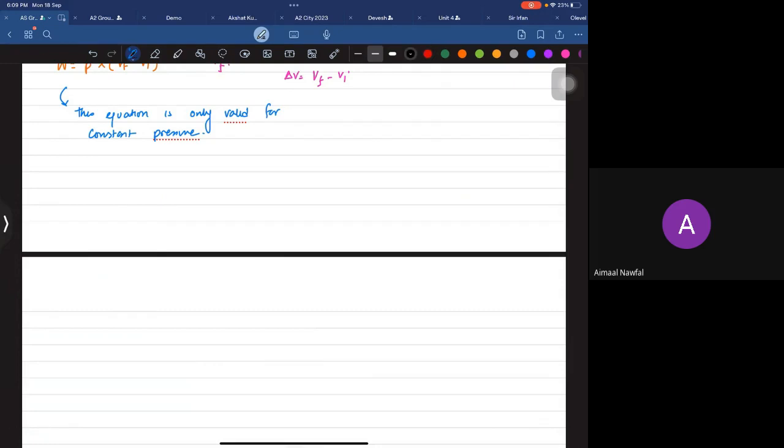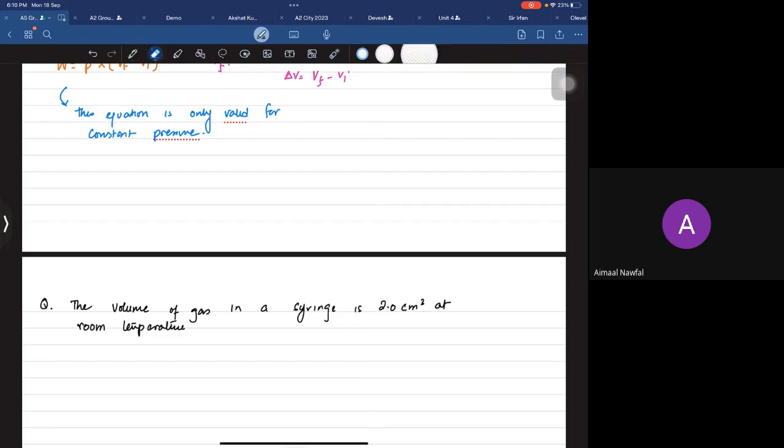Okay, so now let's do the question. I'm leaving this question for you to solve. It says the volume of gas in a syringe is 2.0 centimeter cube at room temperature and atmospheric pressure of 101 kilopascals.